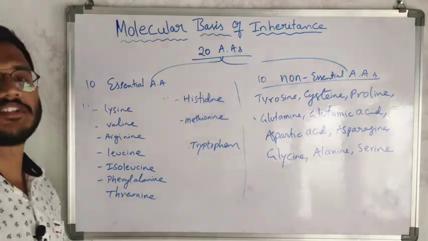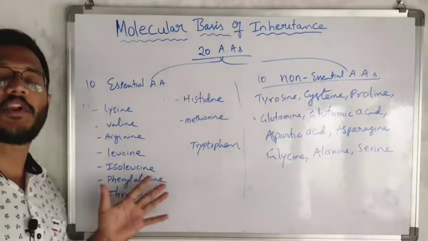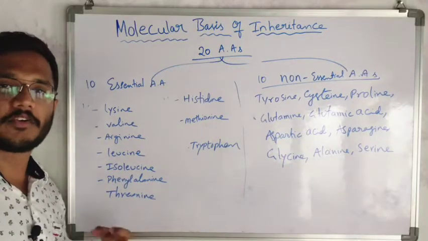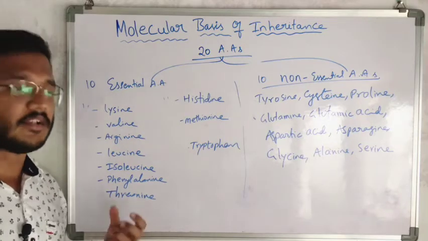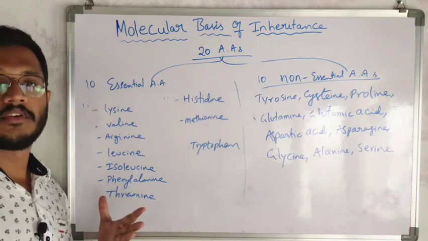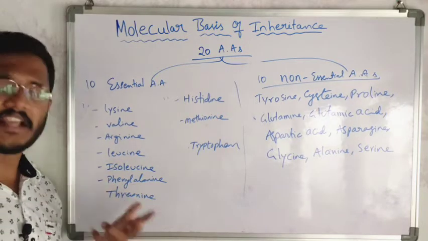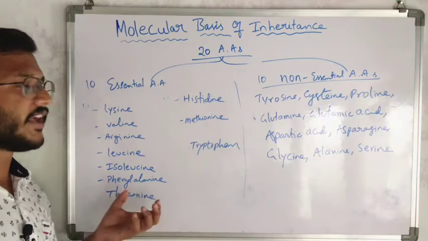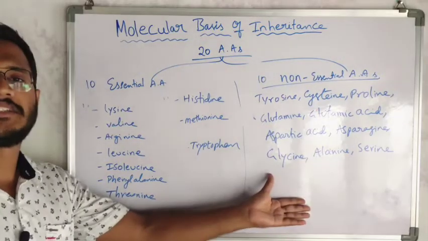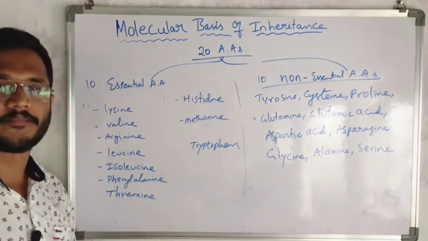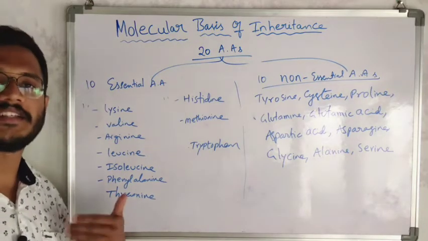So what is essential and what is non-essential? Essential amino acids cannot be synthesized in our body. We have to take them from an external dietary source, such as fish, vegetables, milk, and eggs. But the non-essential amino acids can be synthesized by our body, because they are already made in our body.